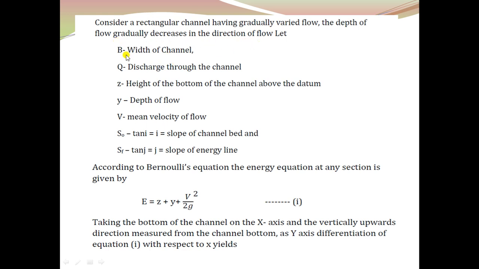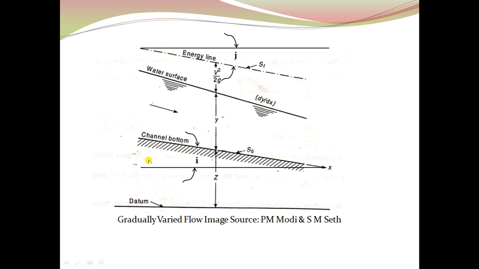Let B be the width of the channel section. Q is the discharge through the channel. Z is the height of the bottom of the channel above datum. Y is the depth of flow. V is the mean velocity of flow. So we are considering a rectangle channel section. B is the bed width of the channel section, Q is the discharge which is flowing through the channel section. Now Z is the height of the channel bottom with respect to a datum.